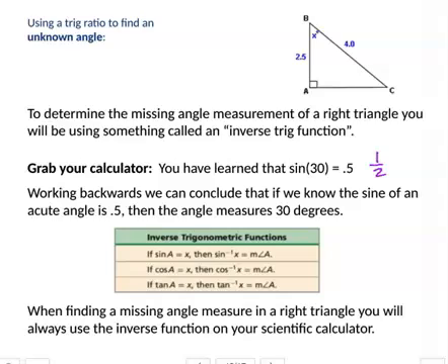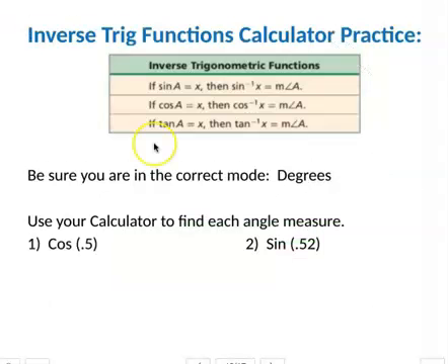If we wanted to practice on our calculator, we're going to do that right now. Let's use our calculator to find angle measurements using our inverse functions. To find the inverse cosine of 0.5, you're going to hit the second key to access cosine to the -1.